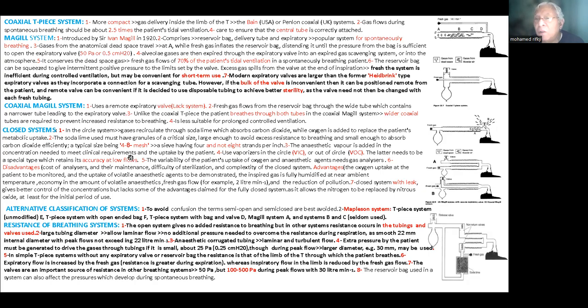And we ought to know that we have what we call the 4 to 8 mesh, which is the proper size of the particles of the canister, the soda lime. What's the meaning of that?